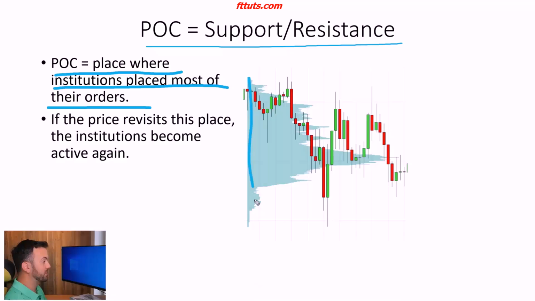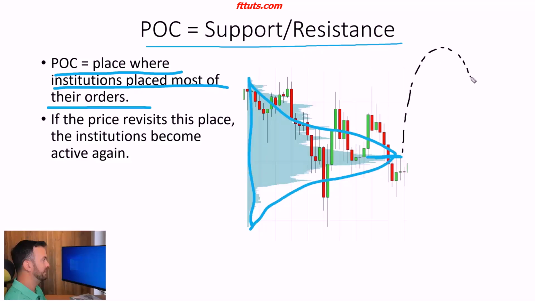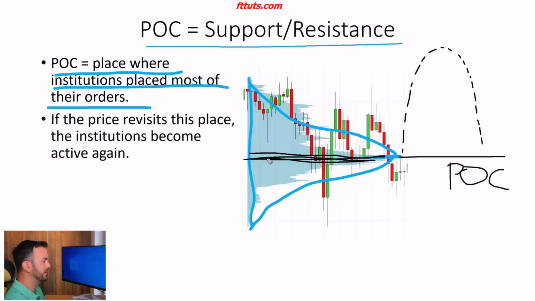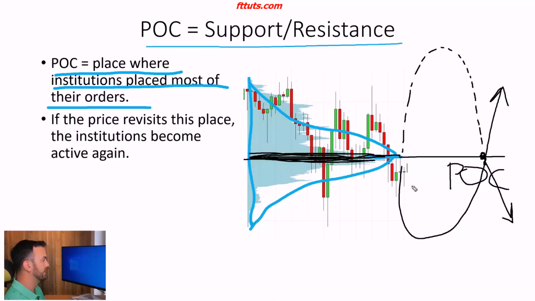So if you look at this picture, at this daily volume profile and the point of control in here, then what you basically want to do is, if price revisits this place in the future, makes a pullback to this level, to the point of control, then the institutional traders who are active in here, who created this point of control, will become active again. They'll defend this place and they're likely to push the price up from here. This is a long trade scenario. Long trade scenario would look like this, right? Pullback from below the point of control and then you go short from the level.